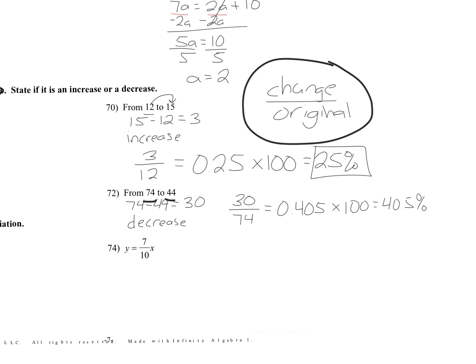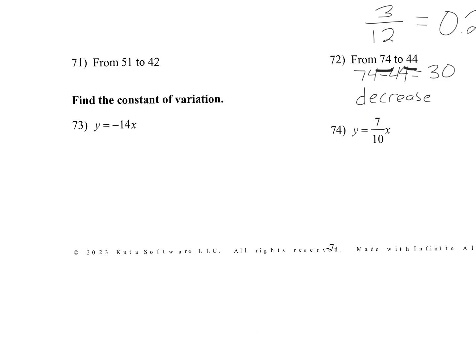We talked about the constant of variation. What is the constant of variation the same thing as? It starts with the S. Slope. Constant of variation is the same thing as a slope.